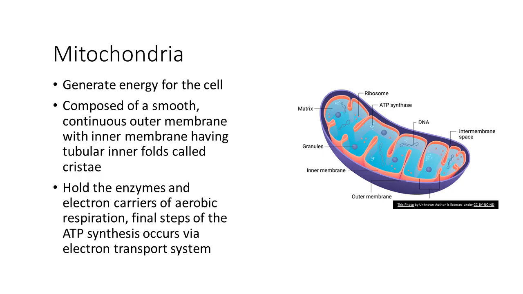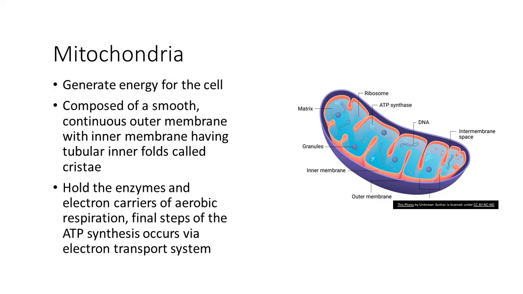Another membrane-bound organelle that is found in eukaryotic cells is known as the mitochondria. The mitochondria has a double membrane. It's often referred to as the powerhouse or the energy factory, because that's where most of the metabolic respiration occurs for eukaryotic cells.